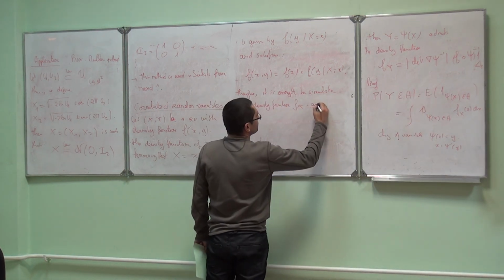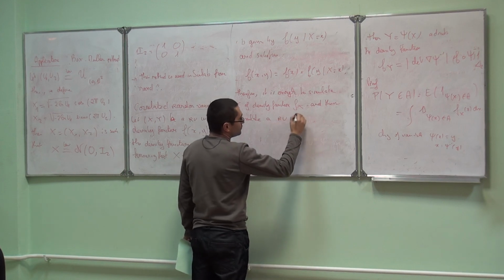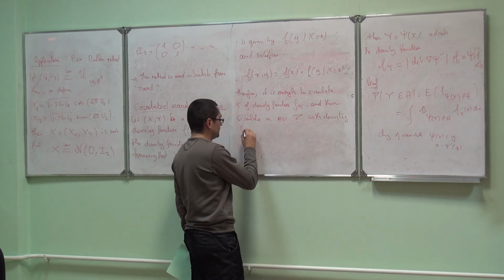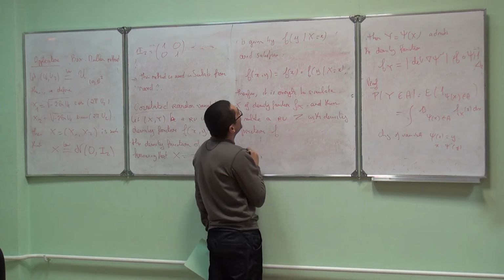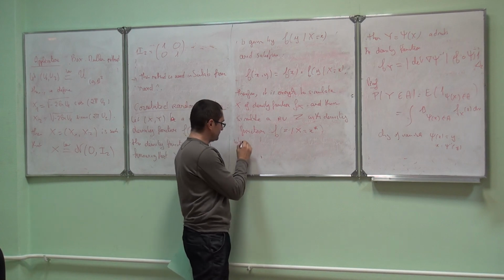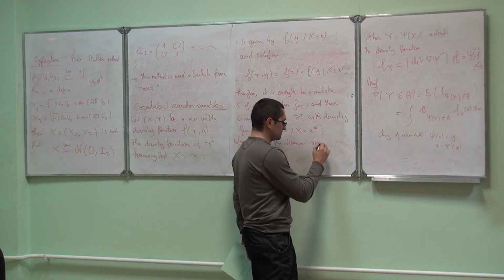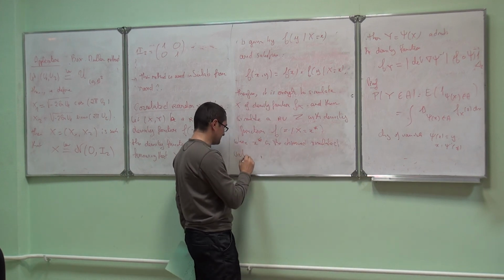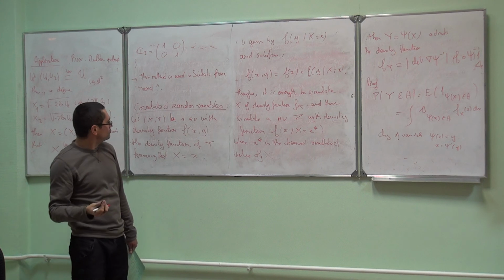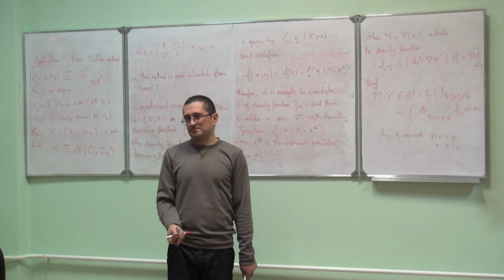And then simulate a random variable Z with density function f(z | X = x*), where x* is the observed simulated value of X. So finally, to simulate such a random variable, it is enough to know how to simulate a real-valued random variable whose density function is known. This is very clear.